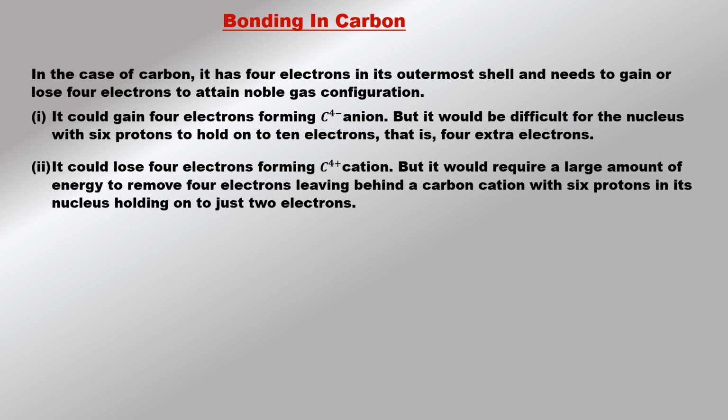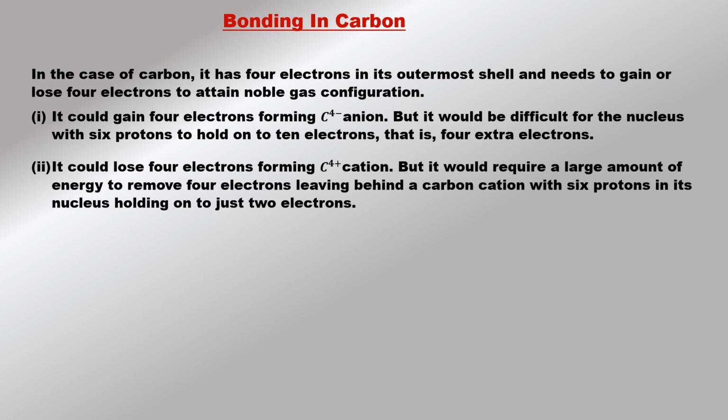Now, a carbon atom is very small, due to which its outermost electrons are strongly held by the nucleus. So, it is not possible to remove 4 electrons from a carbon atom to give it the inert gas electron arrangement. It is also not possible to add as many as 4 electrons to a carbon atom due to energy considerations and acquire the inert gas configuration.